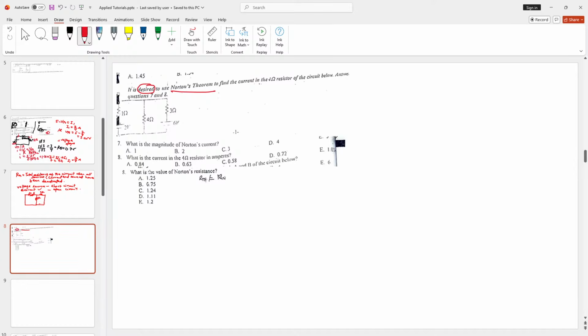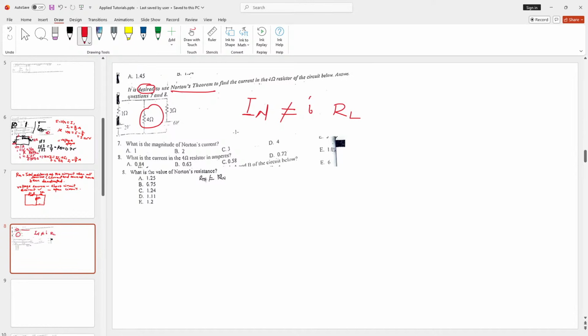So the first question, number 7, is asking us to find the magnitude of the Norton's current, IN. The second one is asking us to find the current in the 4 ohm resistor. Let's call it I. Now, you need to know that IN is not the same as I. IN is the Norton's current, and I here is the current passing through the load resistor, the resistor in question.